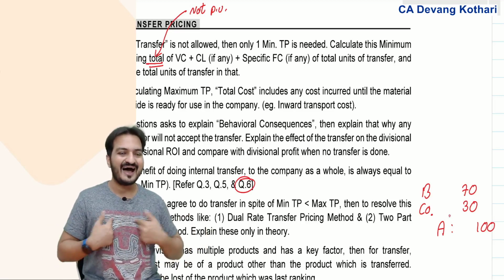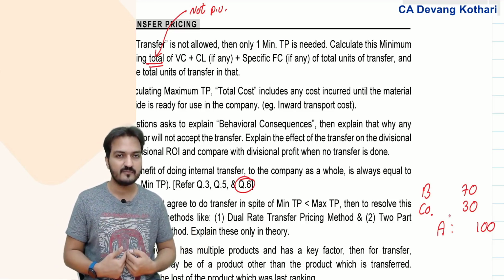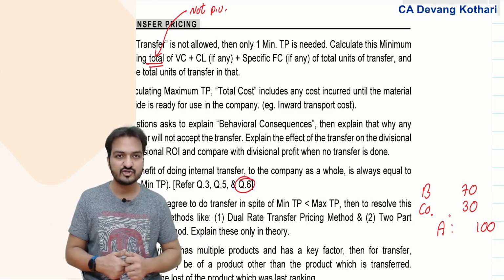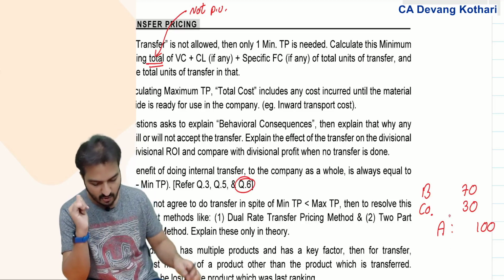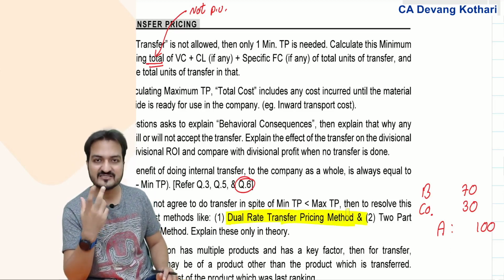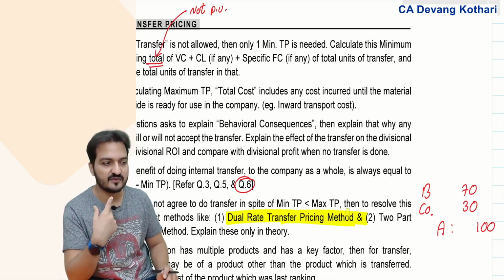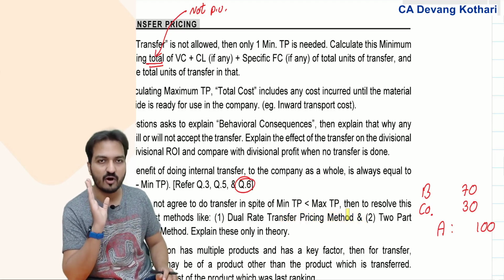The difference of 30 I will adjust in the company's general P&L. Yes, the difference of 30 will be adjusted in the company profit and loss account. This is called the dual rate transfer pricing method. Of course, in this method, the accounting work especially will become very complicated.